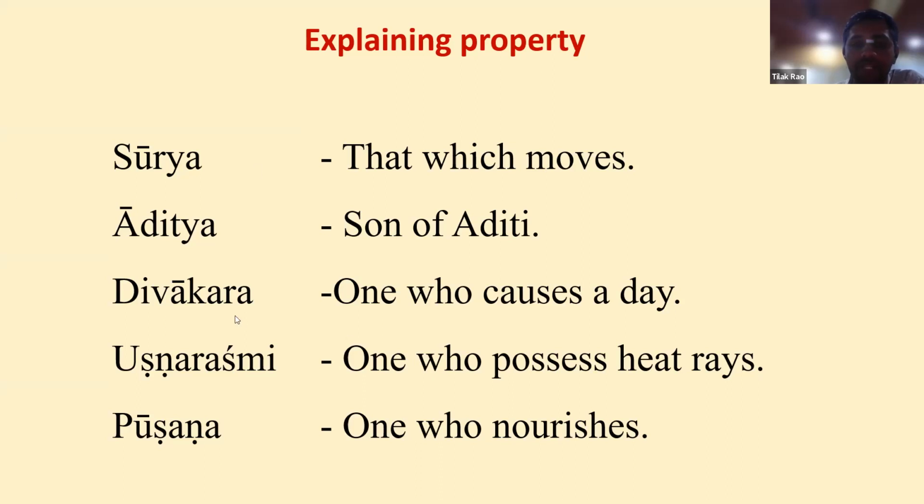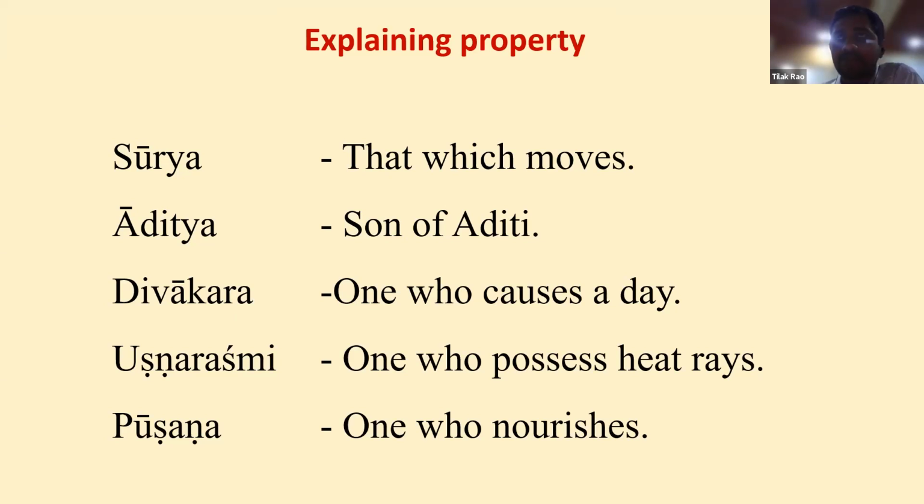Or when we use the word Divakara, one who causes a day is Divakara. Or Ushna Rashmi, heat rays, one who possesses heat rays is Ushna Rashmi. Or Pushana, from Pushnati, to nourish. One who nourishes is Pushana.